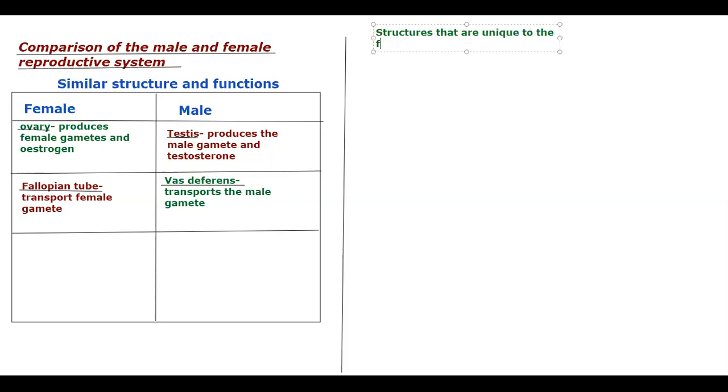No, this part is for you to tell me things that the female reproductive system has, and there's nothing in the male reproductive system that is similar. Think about it. Things that are in the female and you can't find anything matching in the male reproductive system.